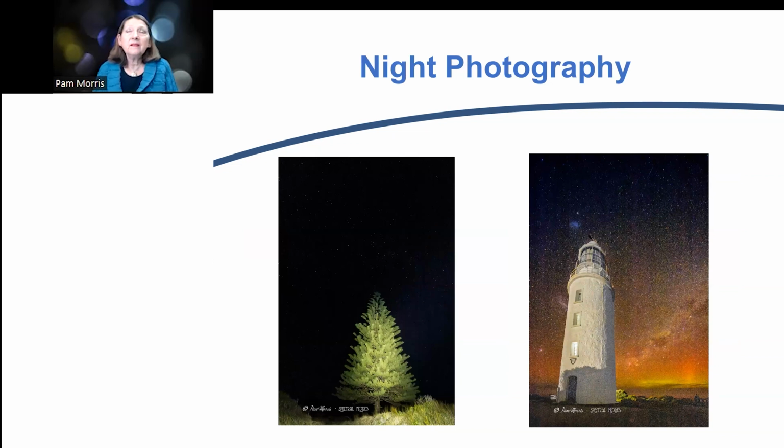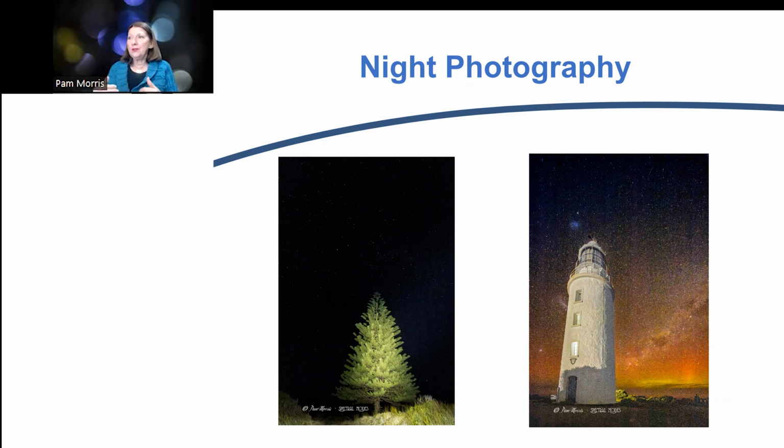Night photography is like our sunsets and our sunrises, and the one on the right was when I was in Tasmania a couple of weeks ago, and we went to photograph the Aurora Australis. And yes, it's absolutely amazingly beautiful, but it isn't interesting enough in its own right, as neither is the Milky Way.